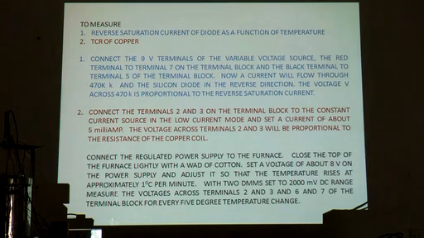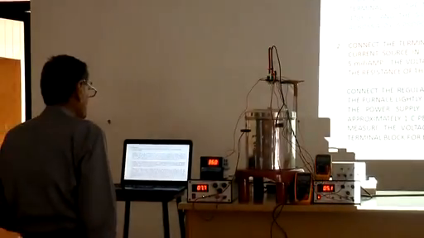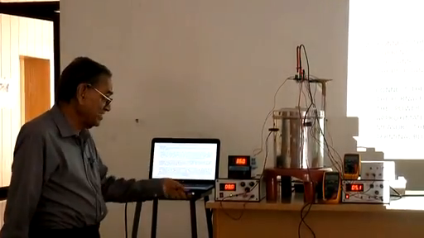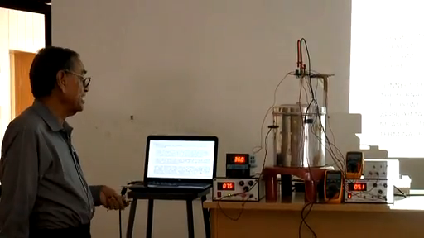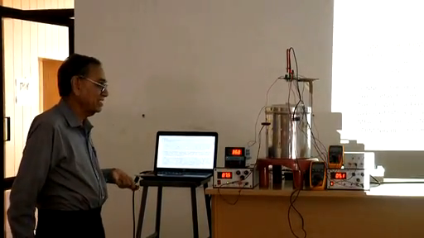Then I close the top with cotton and then connect my power supply, set a voltage of about 8 volts and adjust this voltage so that temperature rises by 1 degree per minute.